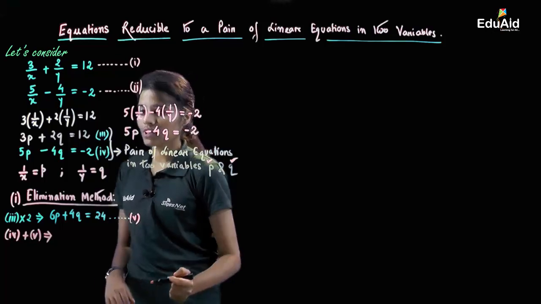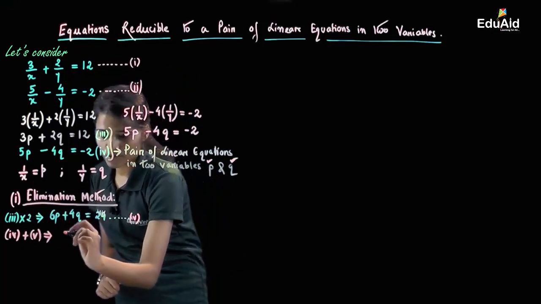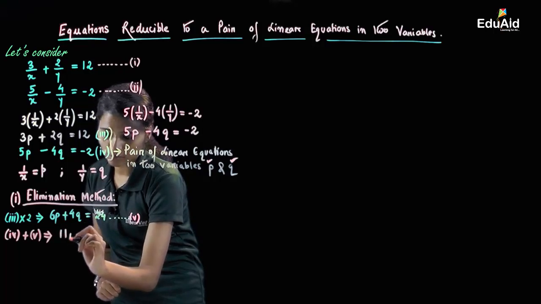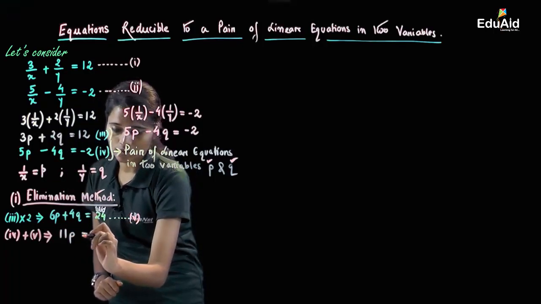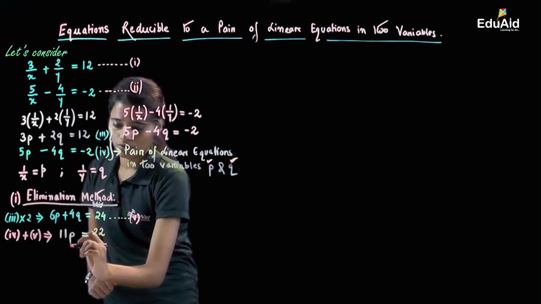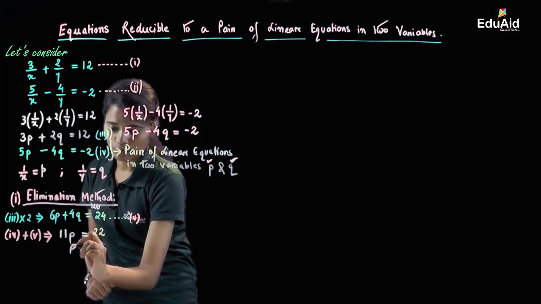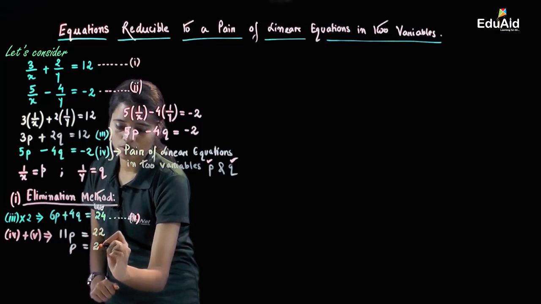When you add them, you will get 5p plus 6p, 11p. 4q minus 4q will get cancelled, and 24 minus 2, you will get 22. So p is equal to 22 by 11, which is 2.